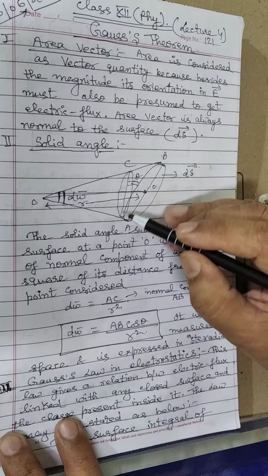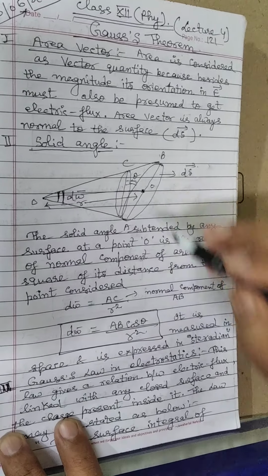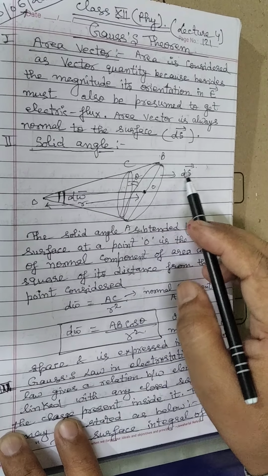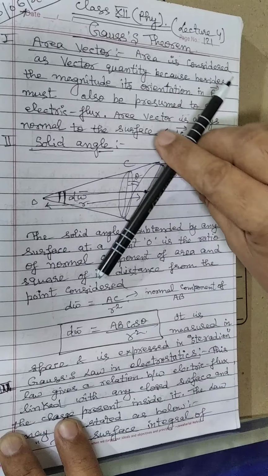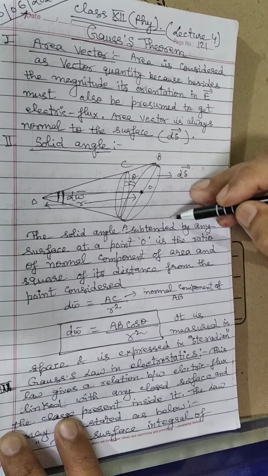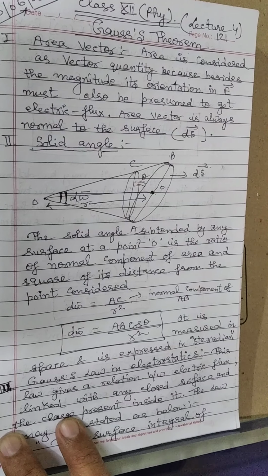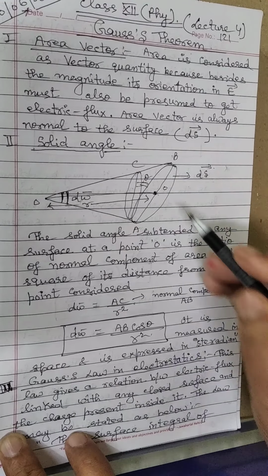Suppose AB is the surface and this is the center of the surface. This is the ds area vector, but the area vector is inclined like this because it is always normal to the surface. I have already told you that its direction is fixed, which is why it is considered an area vector.